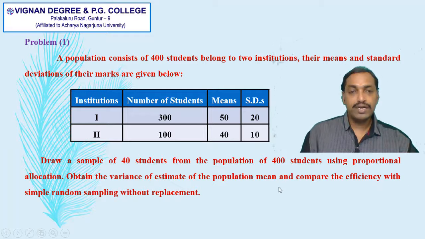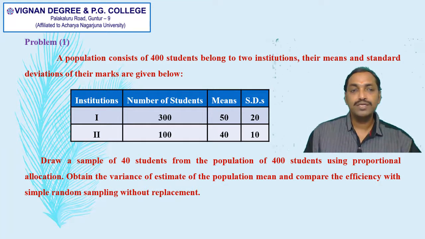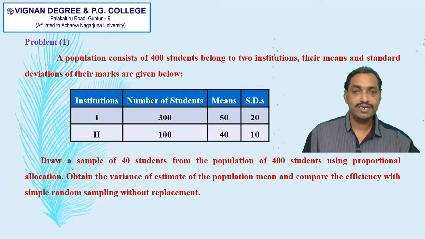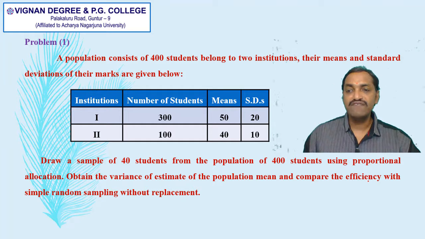Now draw a sample of 40 students from the population of 400 students using proportional allocation. Obtain the variance of estimate of the population mean and compare the efficiency with simple random sampling without replacement.